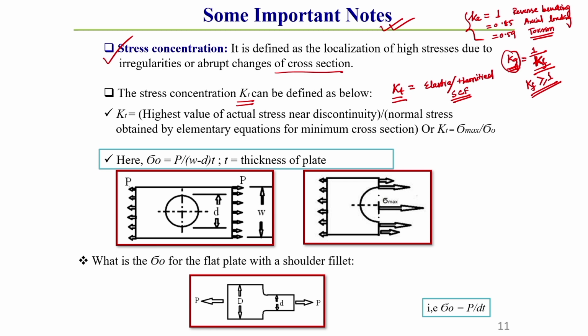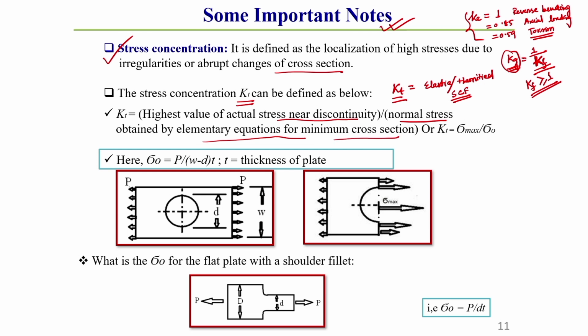It is the highest value of the actual stress near the discontinuity, that is, whatever the highest stress is near the discontinuity, divided by the nominal stress obtained by the elementary equation for the minimum cross section. This you should keep in mind.